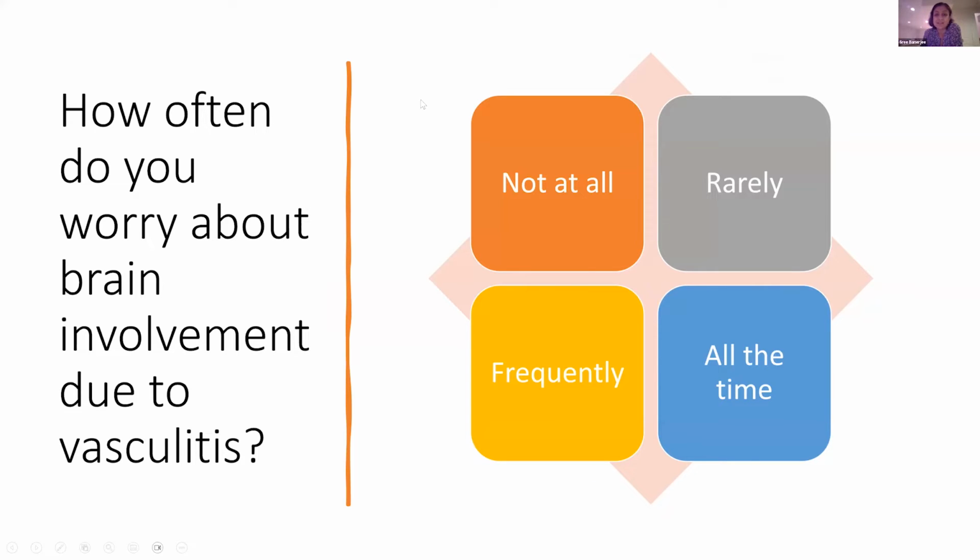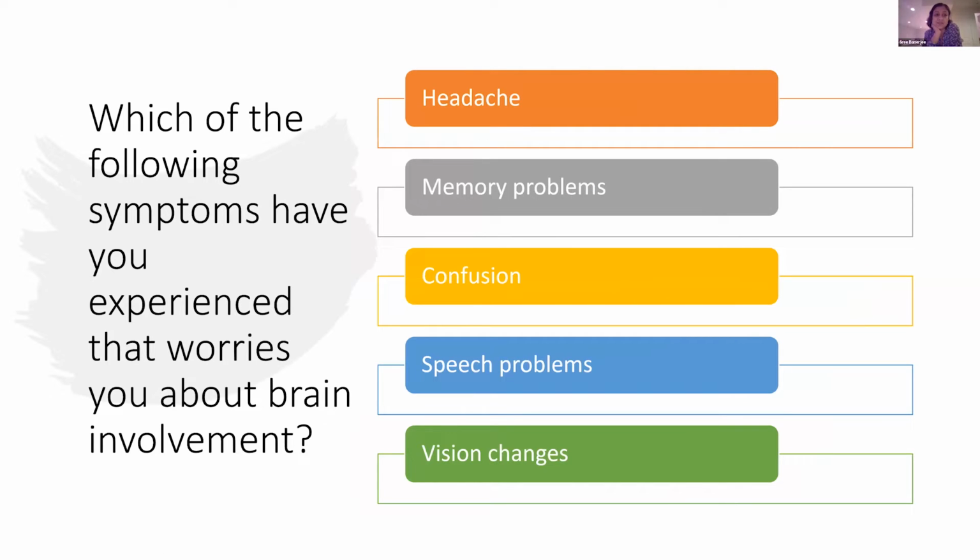The second question I wanted to ask you: which of the following symptoms have you experienced that worries you about brain involvement? Headache, memory problems, confusion, speech problems, vision changes. There could be more than one answer. All of the above, headache, memory, confusion, yes, most of them.